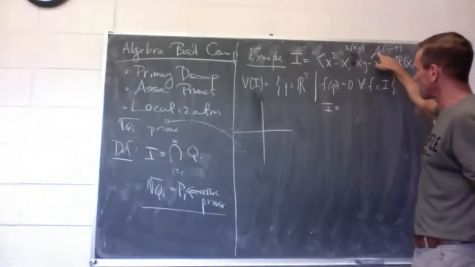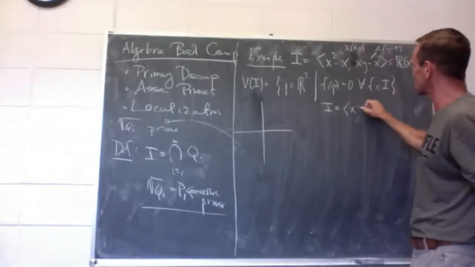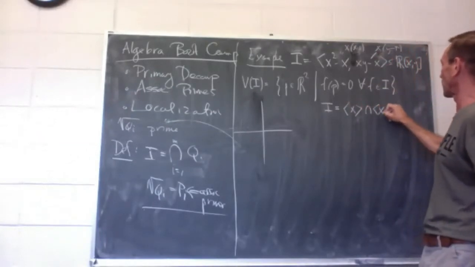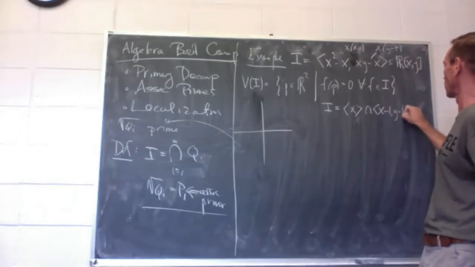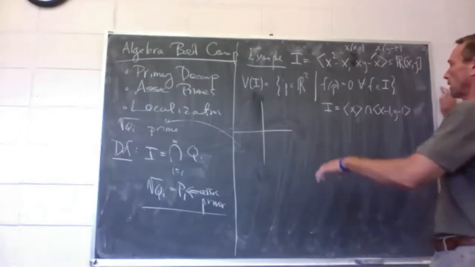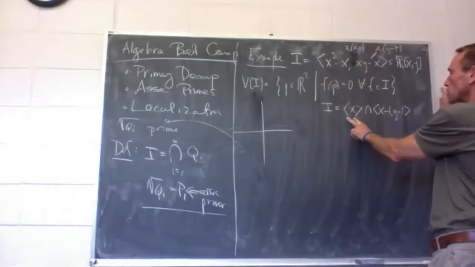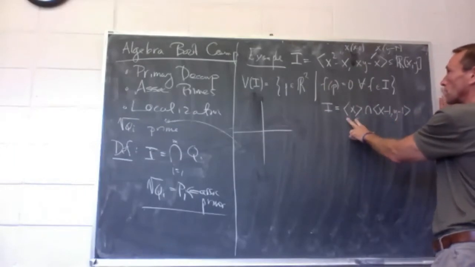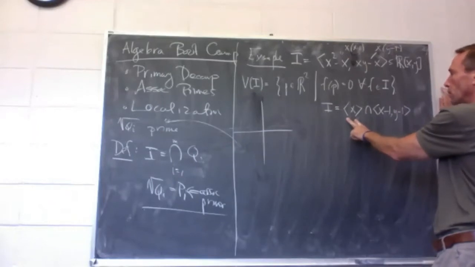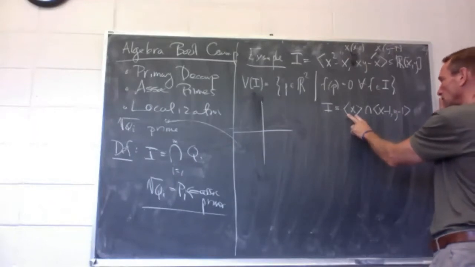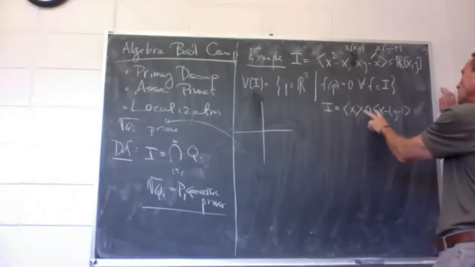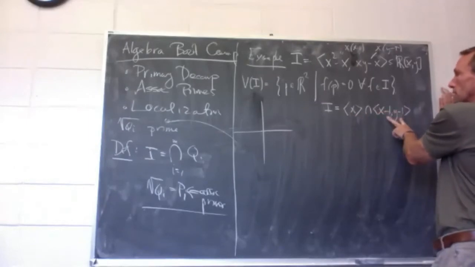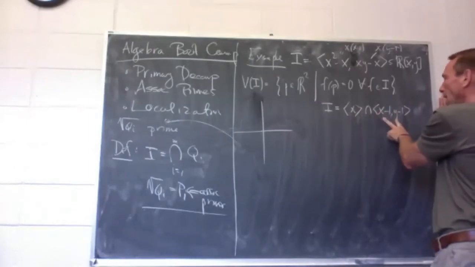And so, in fact, I is (x) intersect (x minus 1, y minus 1). These are both prime ideals, and we can see that because when we quotient by the first, we just get a polynomial ring in one variable over a field. That's an integral domain, so this is a prime ideal. Similarly, if I quotient by the second, I just get the field itself, so these are both prime ideals.